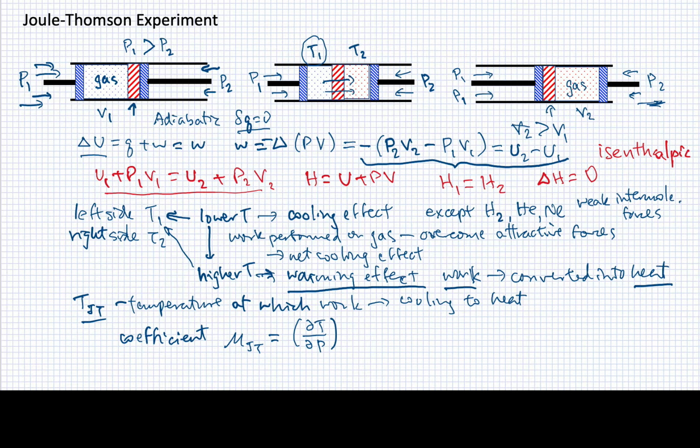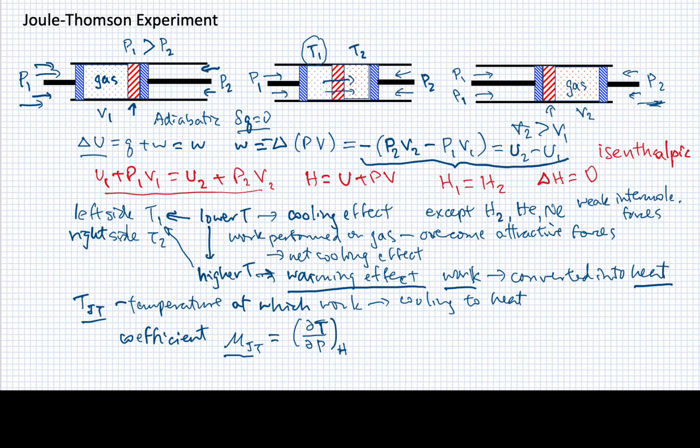Remember, the pressures 1 and 2 are set in advance in this experiment, and the change in the temperature is going to be the difference between the measured temperature at the end and the temperature that we started with at the beginning. And since this is taking place as part of an isenthalpic process, that means that the thing that's held constant here is the enthalpy. So this is a really unusual sort of partial derivative that we have here, and one that we don't encounter, I will say, regularly in the common course of things.